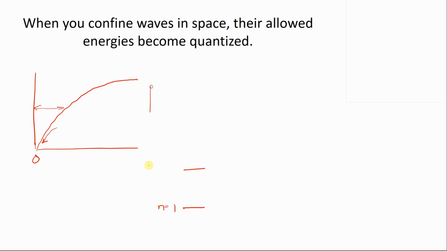And then a higher energy, so if we have energy on the axis, a higher energy would be n equals 2. And then a higher energy still would be n equals 3, etc. And it turns out the spacing between these gets narrower and narrower as you go up in energy, or these higher principal quantum numbers. So this is the principal quantum number.